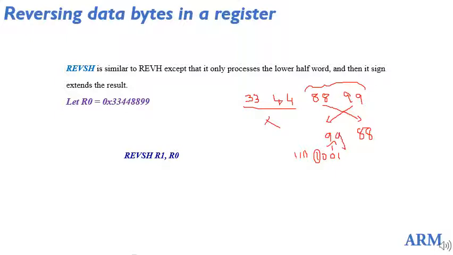It is going to fill all the remaining bits, bit number 16 to 31, with 1. So it will give you FFFF, and the result will be FFFF9988.